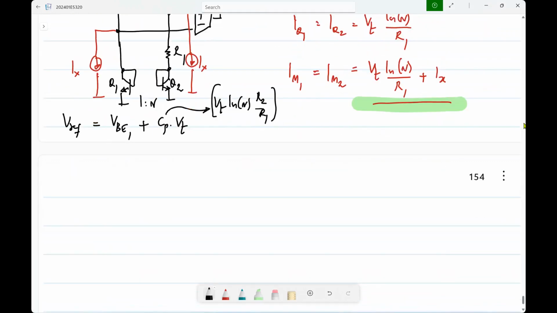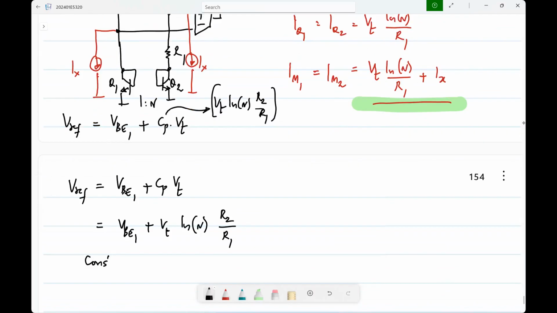Let me write it here. So we already know how to design this. So this is constant with temperature over some range.